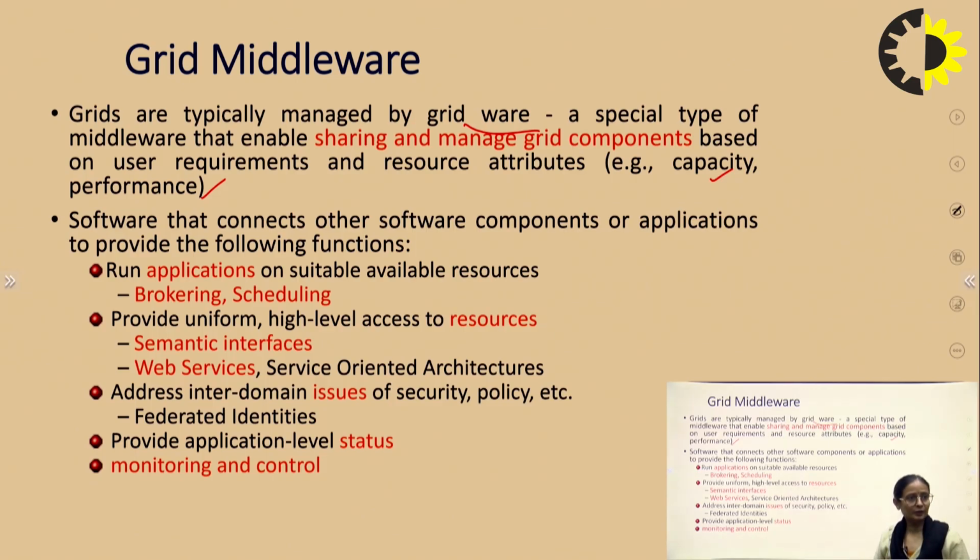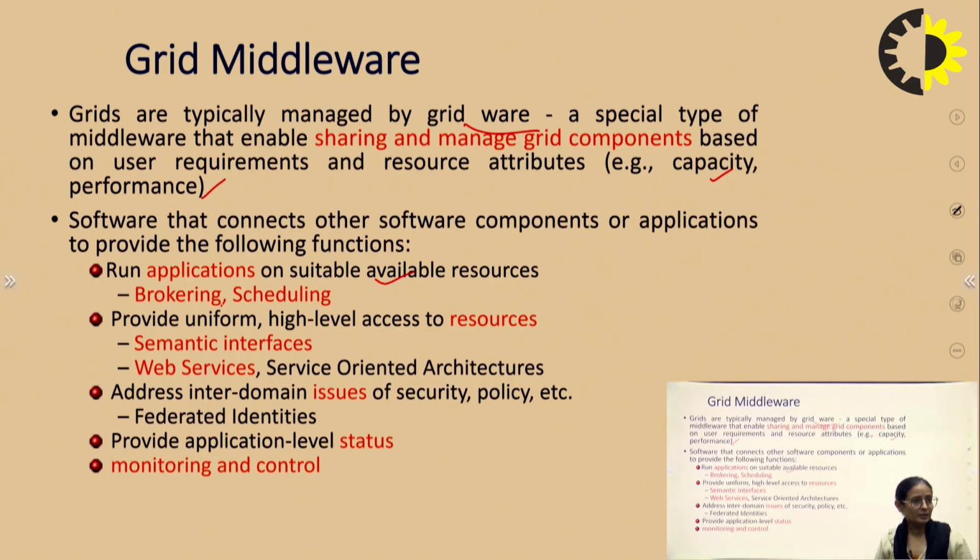It is software that connects other software components or applications to provide the following actions. It runs the applications on suitable available resources, for example, your broker, your scheduling. It provides uniform high-level access to resources, maybe through semantic interfaces or web services, or adopts SOA, that is, service-oriented architecture.